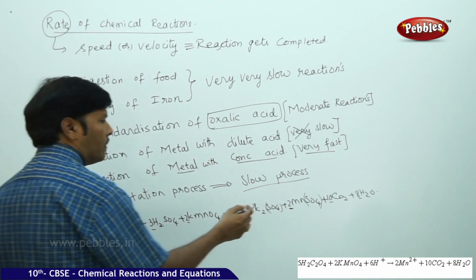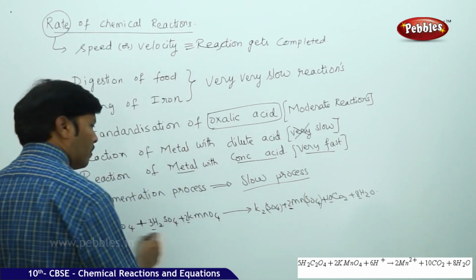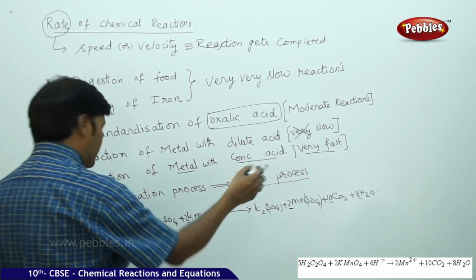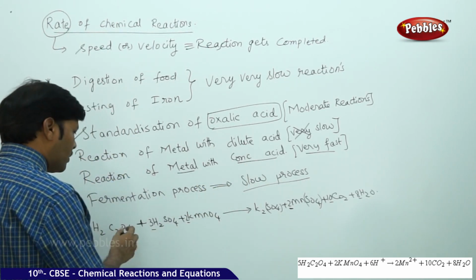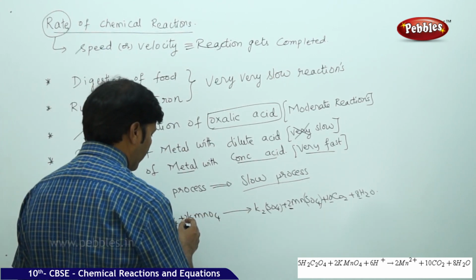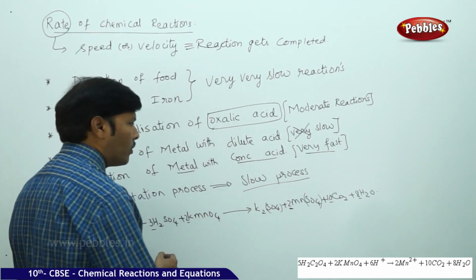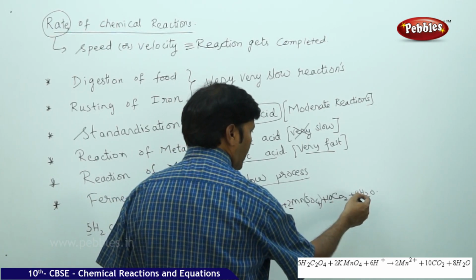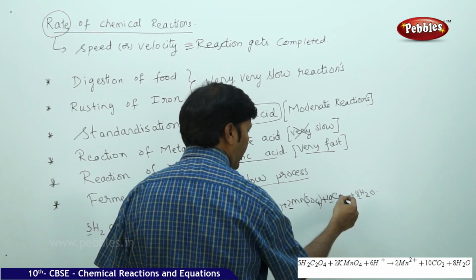There are 10 carbons, and 16 hydrogens are balanced. 5 4s are 20 oxygens, and 20 plus 2 4s are 8 oxygens, so 28 oxygens. On the other side, 10 2s are 20 oxygens and another 8 oxygens, so the entire reaction is balanced.